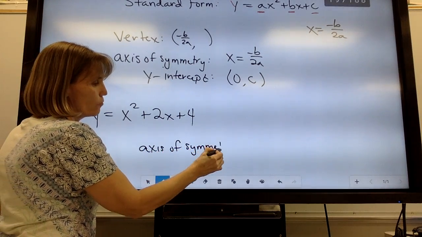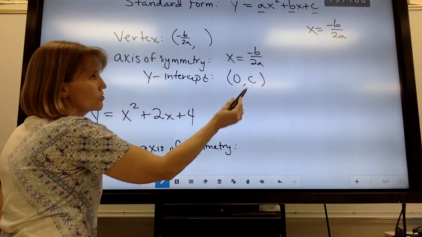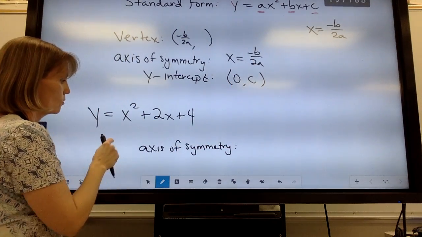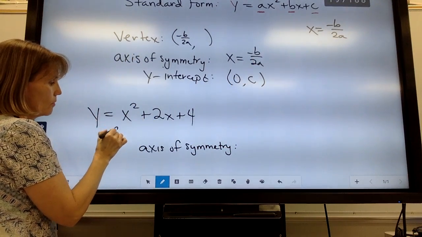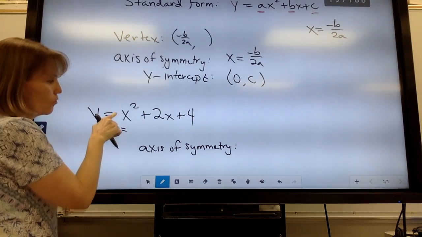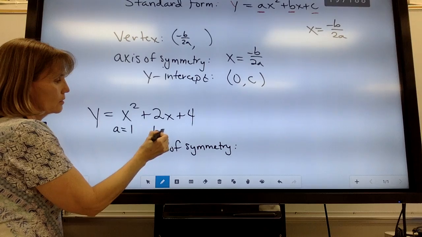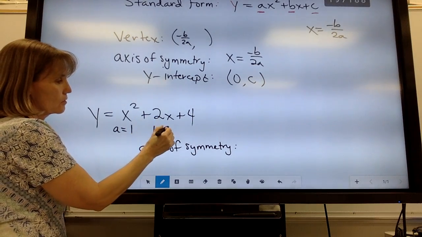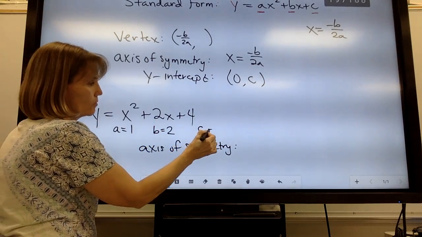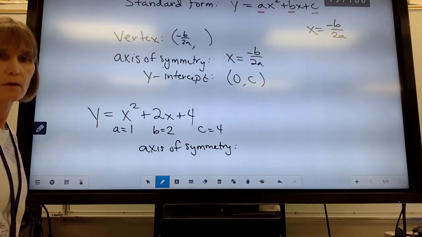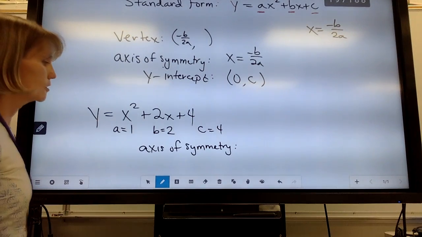I'm going to use that formula that I just gave you, which is the opposite of b over 2a. So when I look at this equation, my a value is the coefficient in front of the x squared. So a is going to be 1, b is the coefficient in front of the x, so it would be 2, and my c value is the constant, or 4. So those are my a, b, and c values for this particular equation.